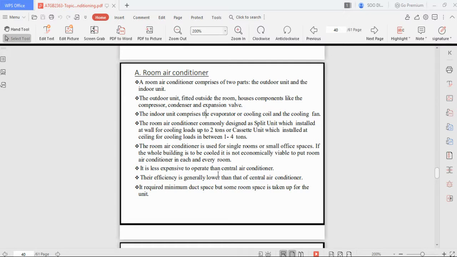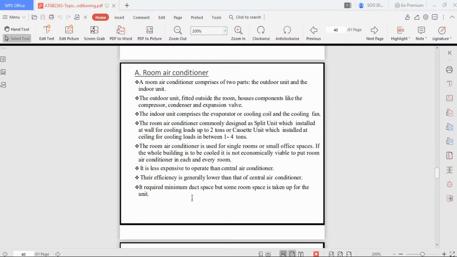But one good thing is it's cheaper than central air conditioning because you do not need a very big air conditioner if you only have a very small space. That's why you pick what sort of air conditioner you want to install depending on your usage.